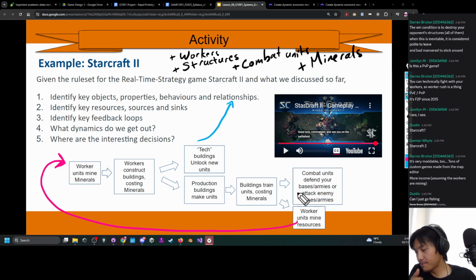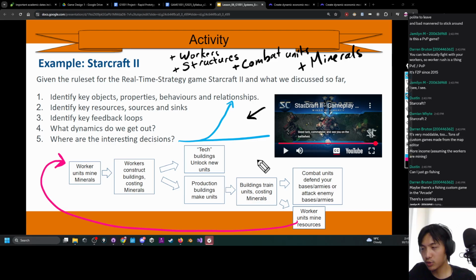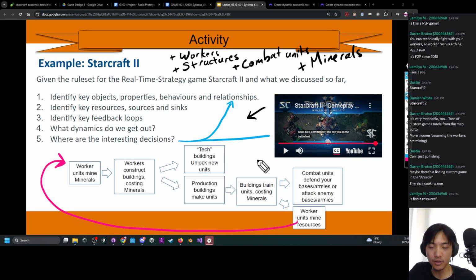Okay, but what happens here if I am spending all of my money building workers? If my opponent sees that I am doing that, they have a couple options. There's lots of options, but there's only two good things. There's only two smart things to do here if they see that I am growing exponentially with this positive feedback loop.